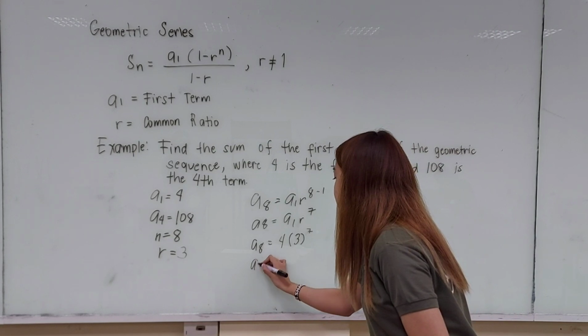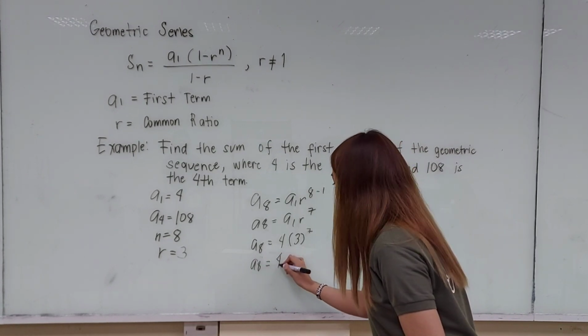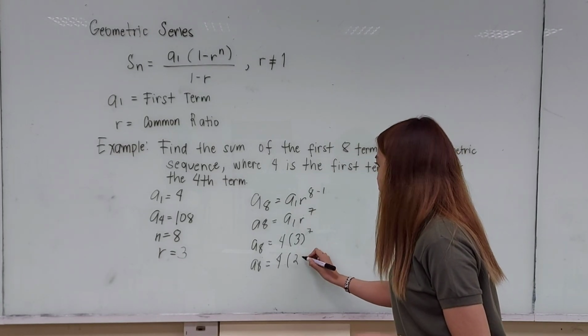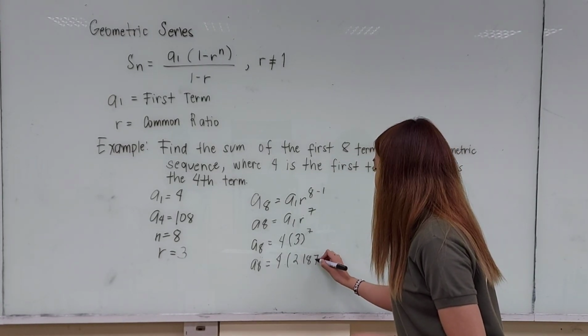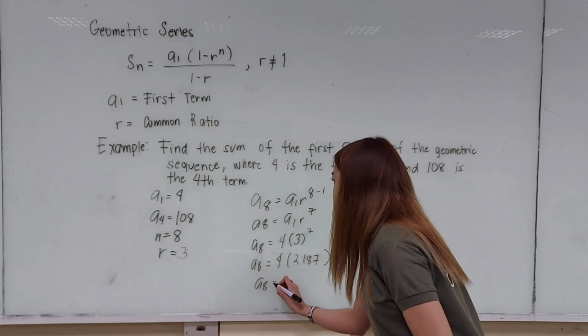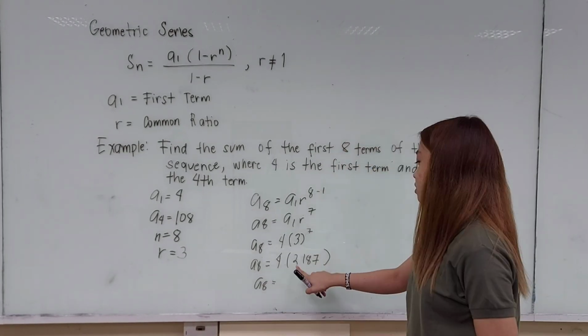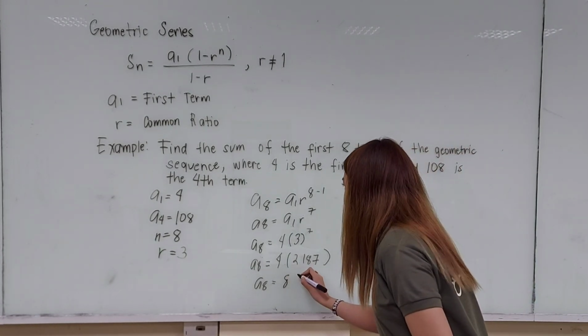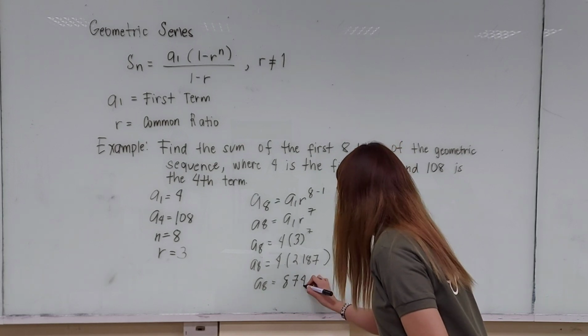So, a sub 8 is equal to 4 multiplied by 3 to the 7th power, which is 2,187. So, our a sub 8 is equal to 4 times 2,187, which is 8,748.